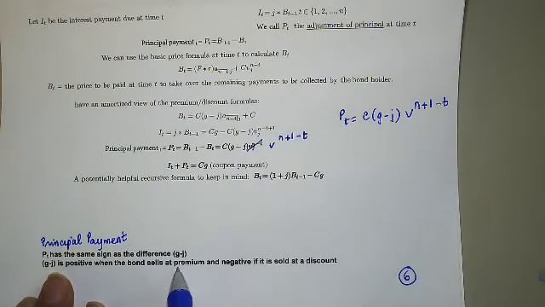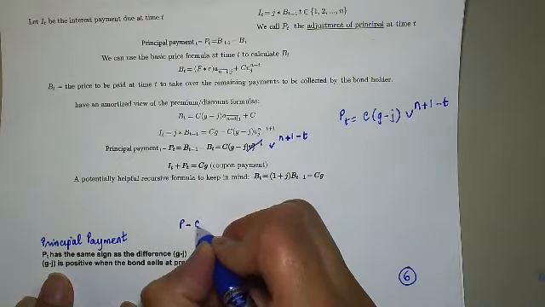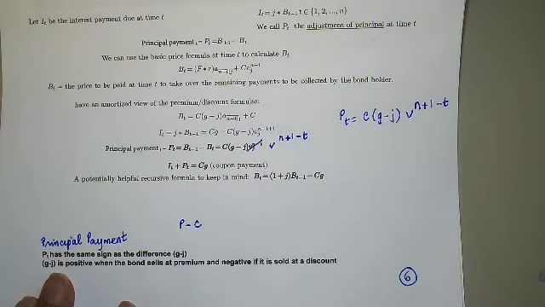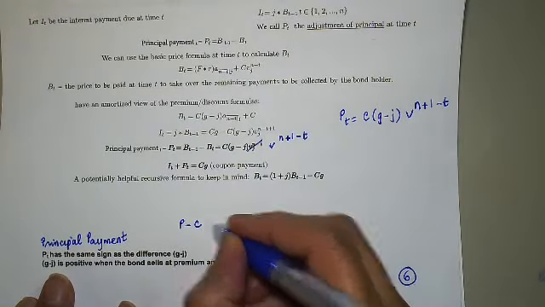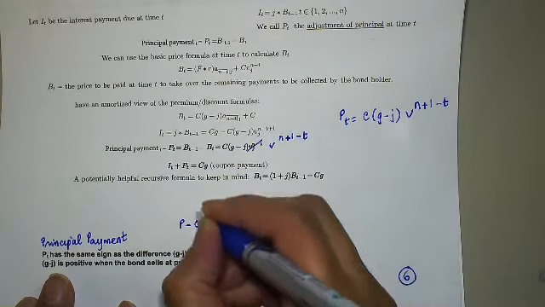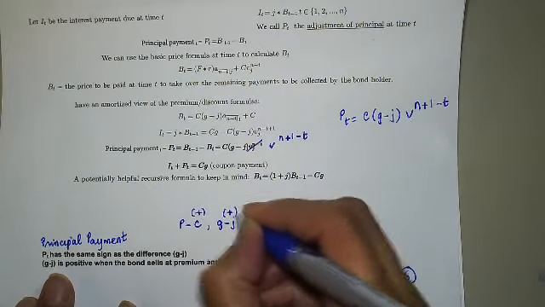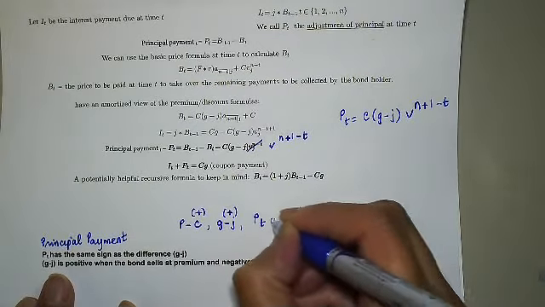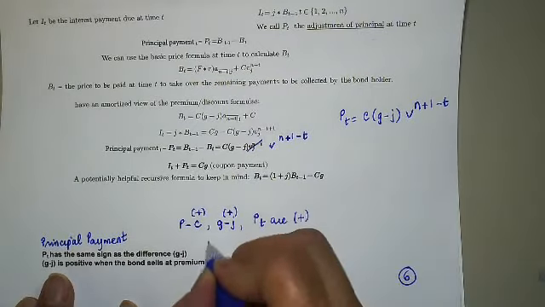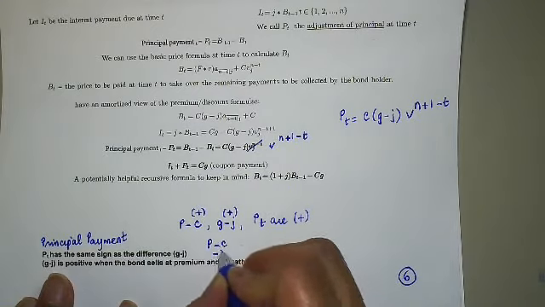So, last line on this page: P of t, which is the principal payment. This is very different, something you haven't seen before maybe. Principal payment has the same sign as the difference g minus j. If you recall from the last lecture, P minus C is either positive or negative.